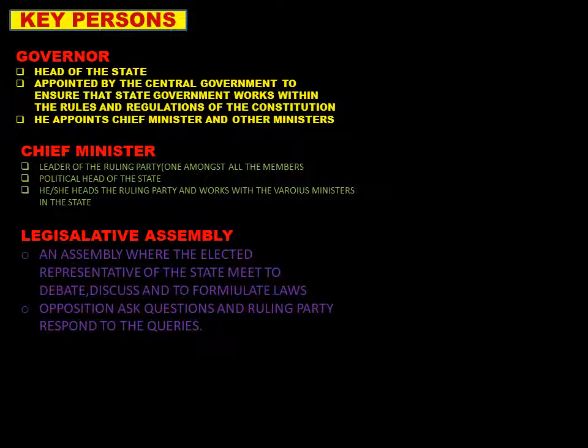All the meetings and debates are discussed in the assembly, and the opposition asks questions and the ruling party responds to the queries through the Chief Minister or the ministers. I hope you are all clear with the three topics.